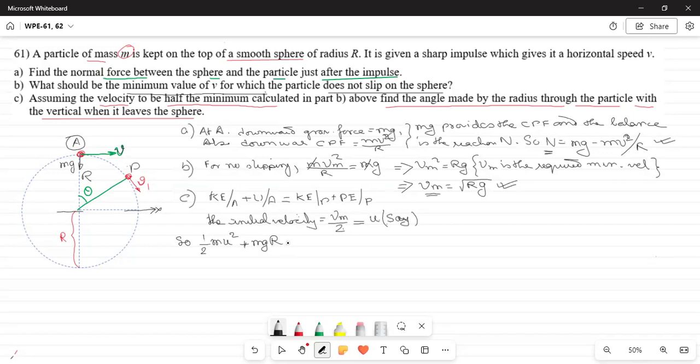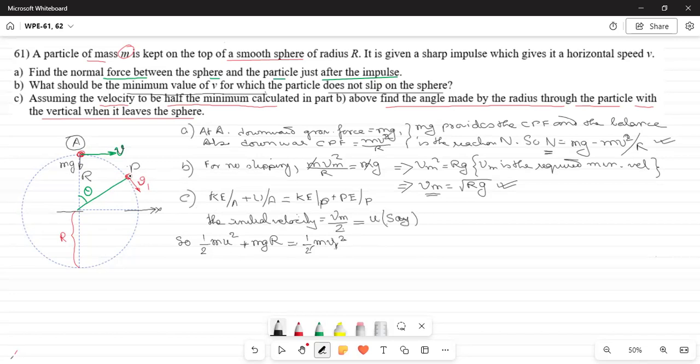mgr is equal to the kinetic energy at P. Kinetic energy at P is half m v1 square. Mind it, at this C part of the problem, the initial velocity was u, Vm by 2. But when it reached the point P, its velocity is no more equal to Vm by 2.